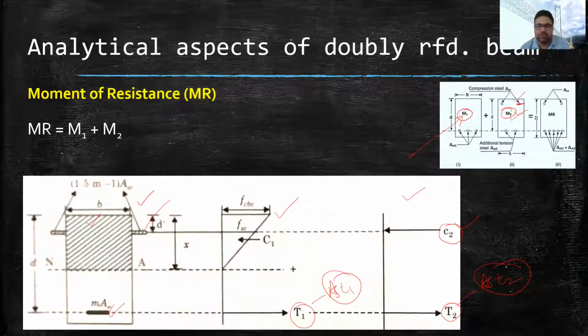That is why most of the time we find moment of resistance on the concrete side. But anyway, that is not the point here. Basically, the moment of resistance of a doubly reinforced beam will be the sum of M1 and M2. So we will see how we find M1 and how we find M2.